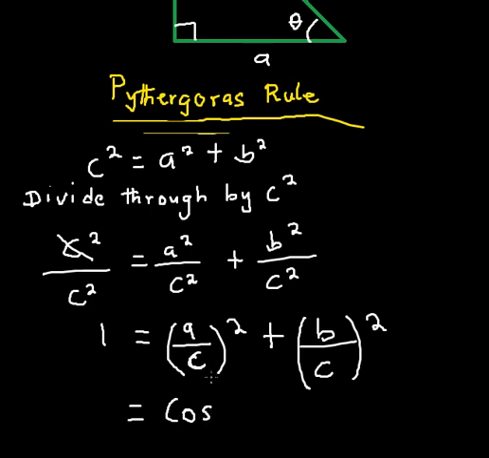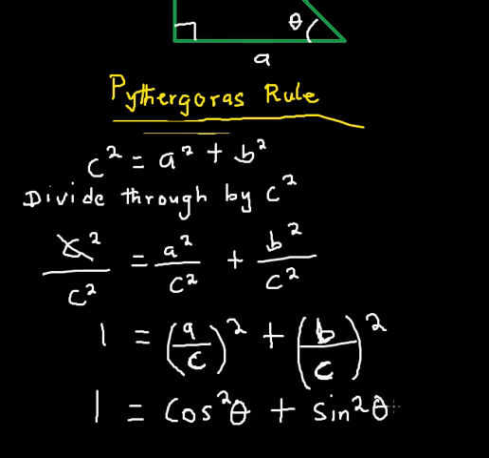Cos theta all squared gives me cos square theta. Don't forget I have 1 here. Then plus b over c. B is my opposite, c is my hypotenuse. B over c is sine, so sine theta squared gives me sine square theta.